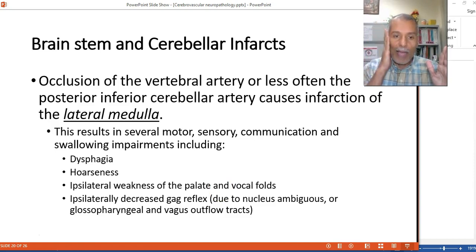So ipsilateral weakness of the palate and the vocal folds, and also an ipsilaterally decreased gag reflex because of the nucleus ambiguus, the glossopharyngeal nerve outflow tracts. These are affected, and as a result, the person will have a decreased gag reflex.